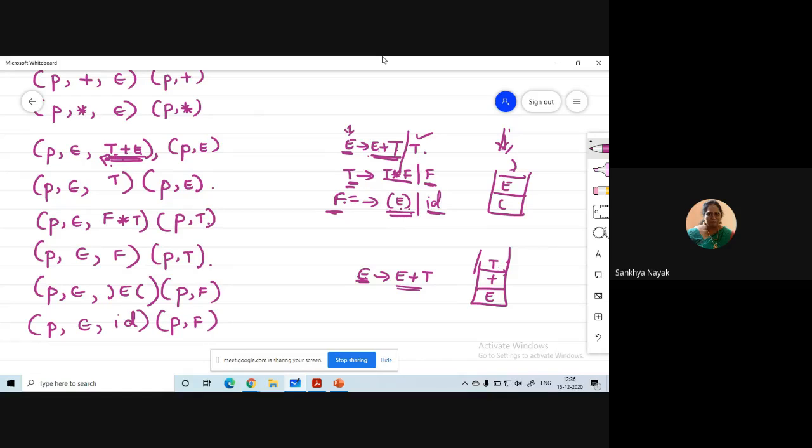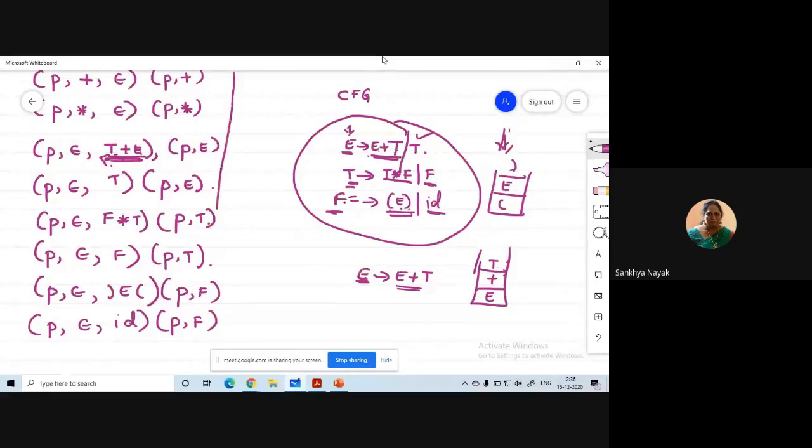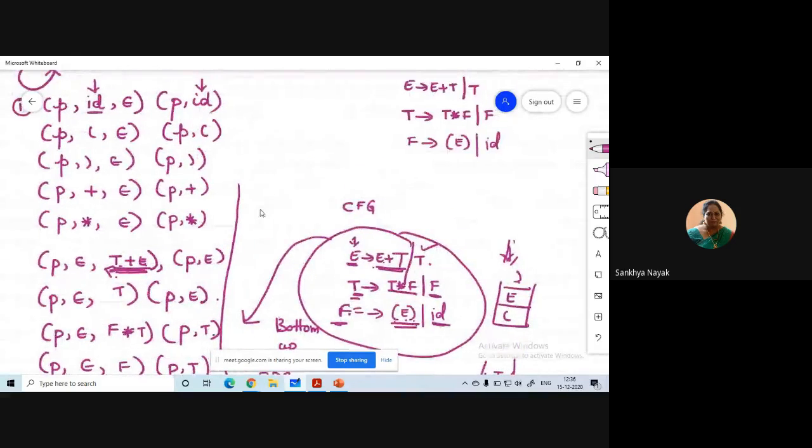This is how we convert a given CFG into a PDA. These are all PDA expressions, isn't it? Okay. And this conversion is done using bottom up. So in bottom up, you can see we start with the terminal symbols.